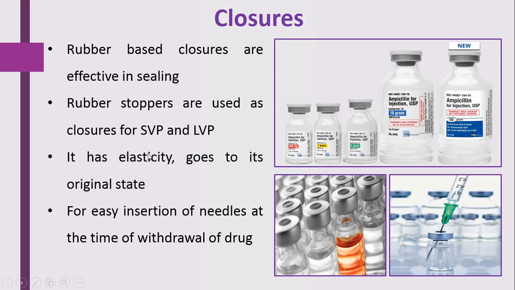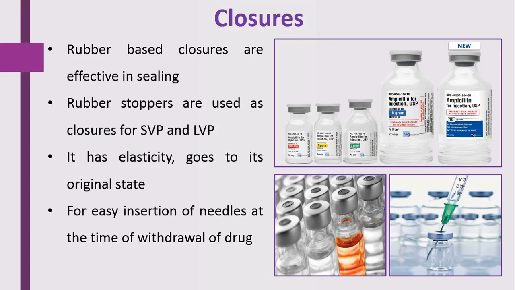Due to this property, rubber closures are mainly used for parenteral preparations, as well as for easy insertion of a needle at the time of withdrawal of the drug. You can see in this picture the needle introduced through the closure for withdrawal of a drug.